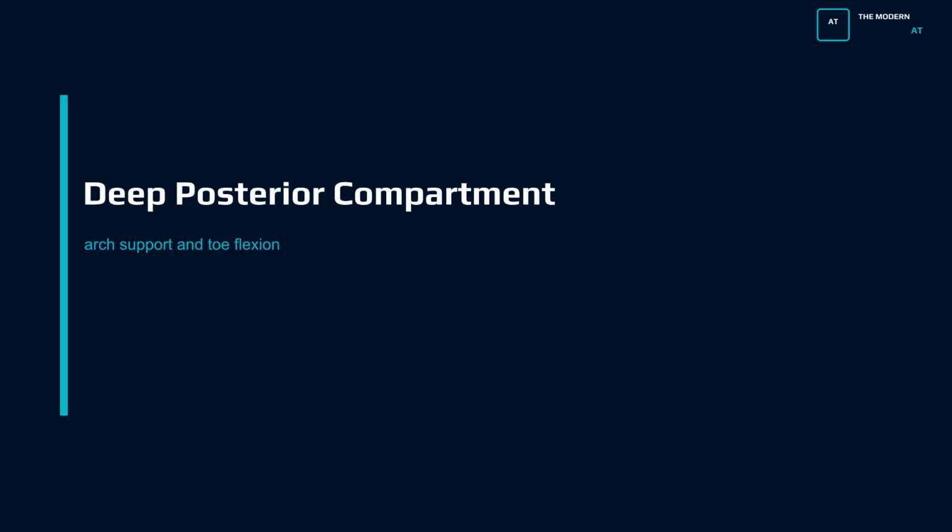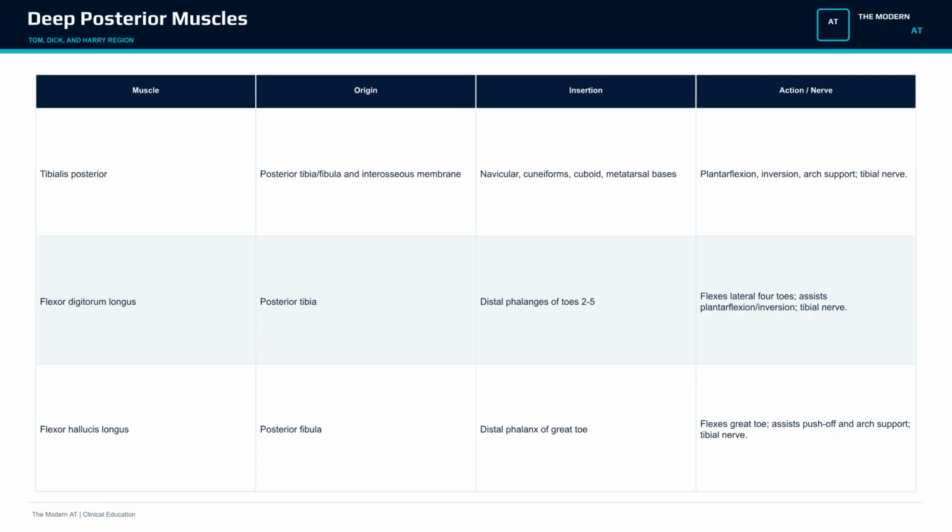Think about pain behind the medial malleolus, navicular tenderness, medial arch symptoms, toe flexion pain, and neurologic symptoms into the plantar foot. The deep posterior muscles include tibialis posterior, FDL, and FHL. Tibialis posterior originates from the posterior tibia and fibula and inserts broadly into the navicular, cuneiforms, cuboid, and metatarsal bases.